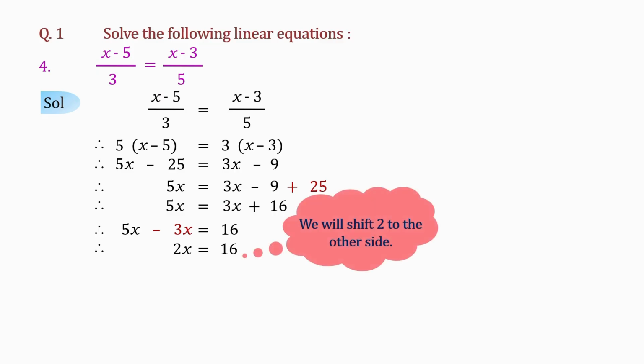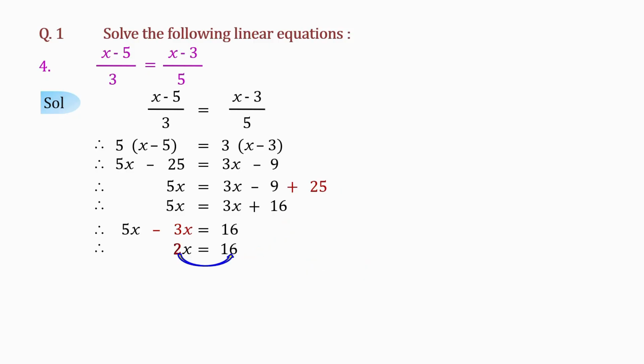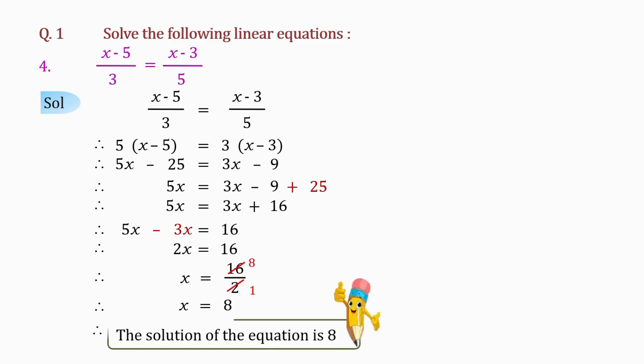So 2x = 16. Now 2 we are going to shift to the other side, so now it will be divided. So x = 16/2, that is 8. So the solution of the equation is 8 over here.